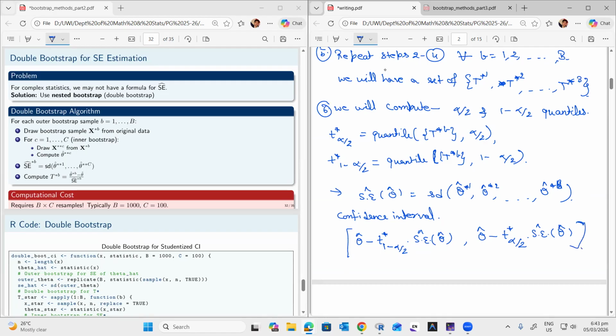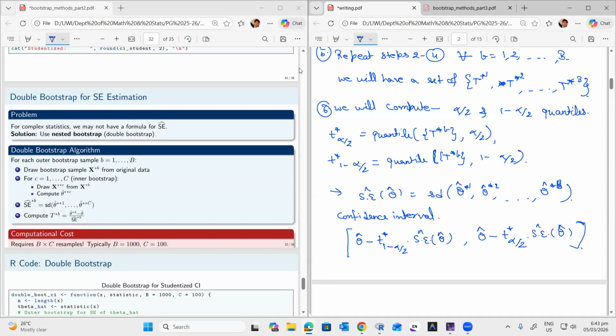So this will be your confidence interval in the nested or double bootstrap method.